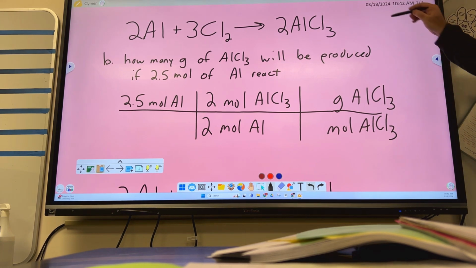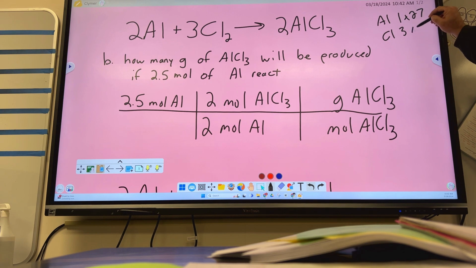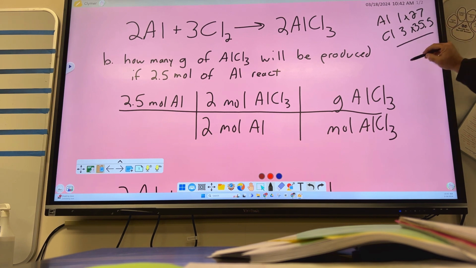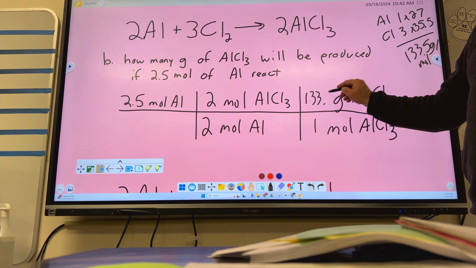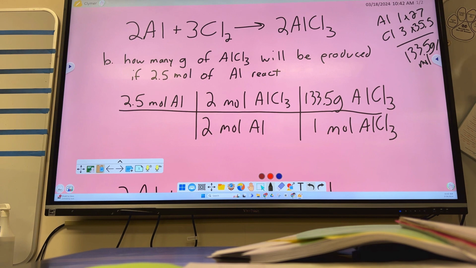Find the weight of everything. Cl3 times 35.5, and Al is 27. Multiply this out, add it all up, you get 133.5 grams per mole. So now you have this. And now it's simply work for your calculator.